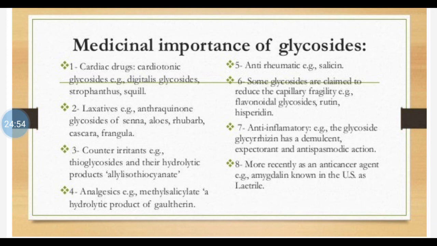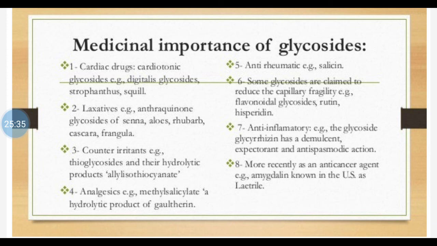Then anti-rheumatic: salicin is the example, but we have also seen the drug colchicum, isn't it? Colchicine is an anti-rheumatic drug, but salicin is a glycoside, and colchicum that we covered is an alkaloid. So just to make you understand that glycosides also have medicinal uses, and these are some of the important categories of medicinal uses where glycosides play an important role.